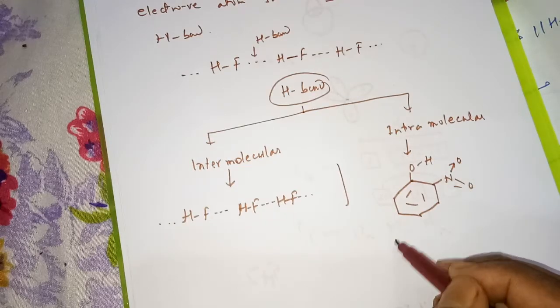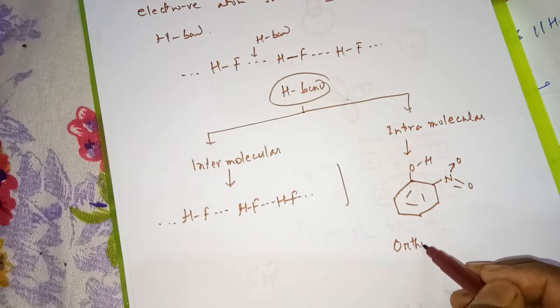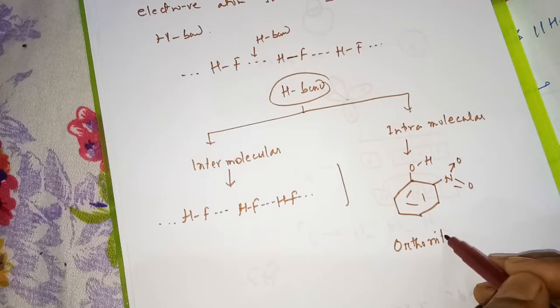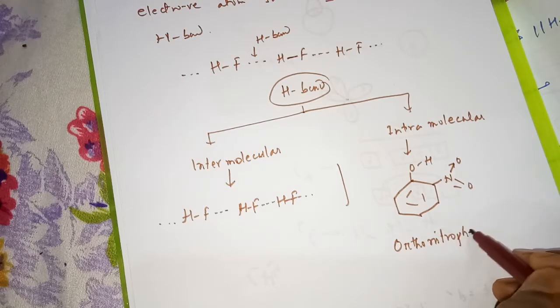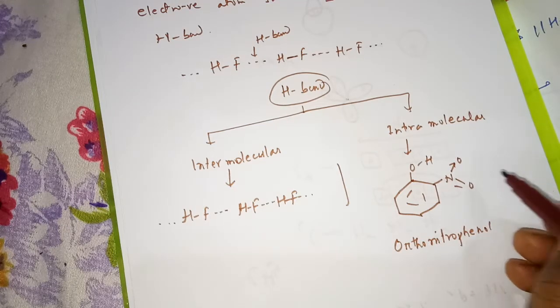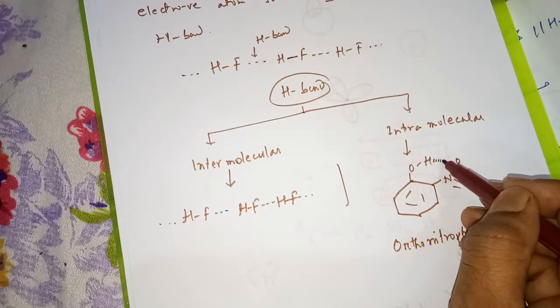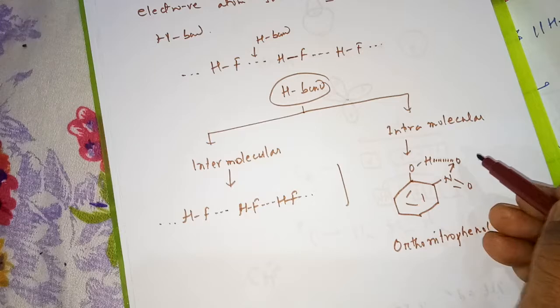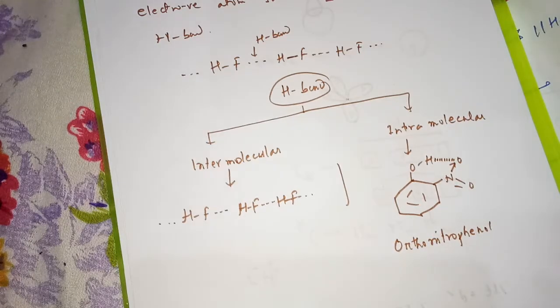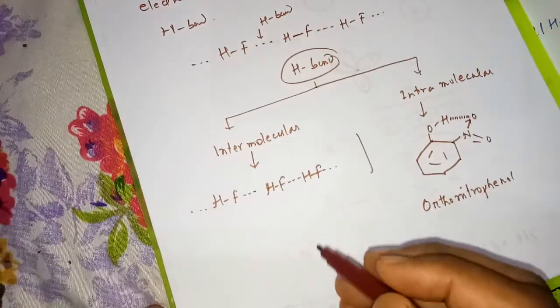This molecule's name is ortho nitrophenol. So within the same molecule, this hydrogen and oxygen form the hydrogen bonding. Since it forms within the same molecule, this is called intramolecular.